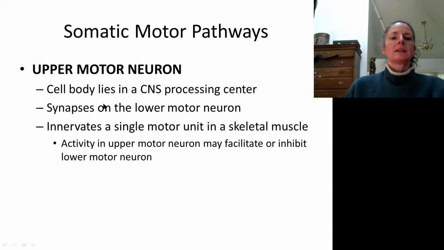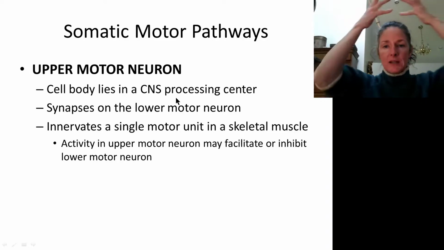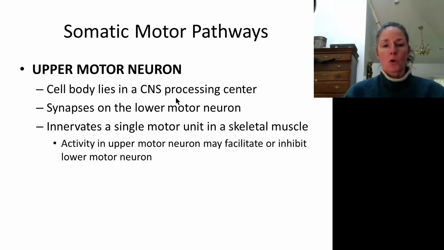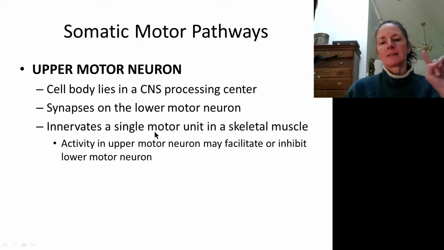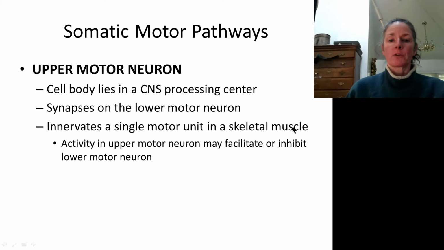So basically the upper motor neurons are in some central nervous system processing centers. A lot of these are going to be in that primary motor cortex. And so when we have this upper motor neuron, it's going to synapse on the lower motor neuron, which will innervate a single motor unit in a skeletal muscle.